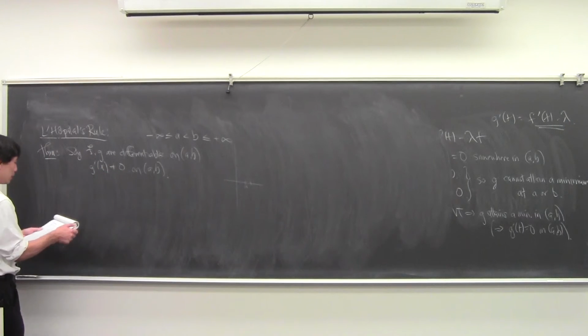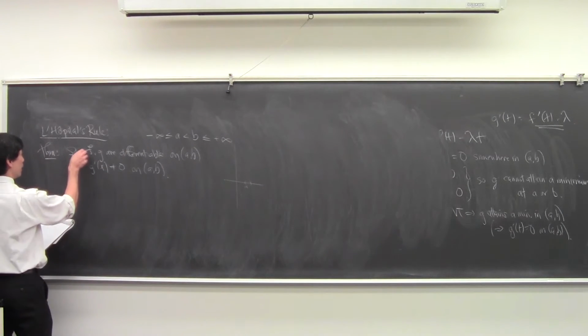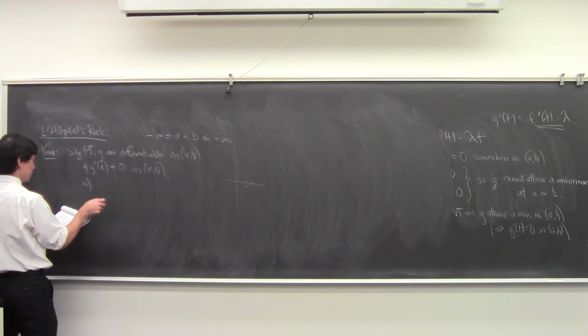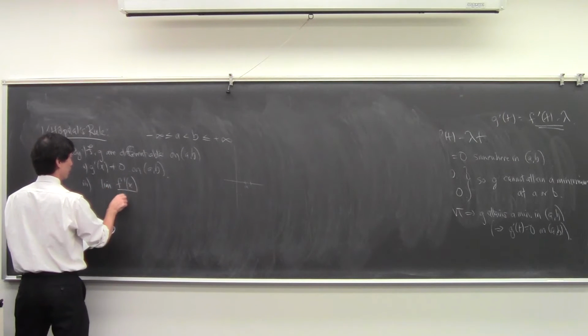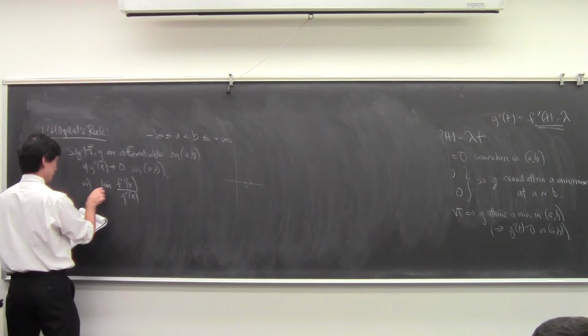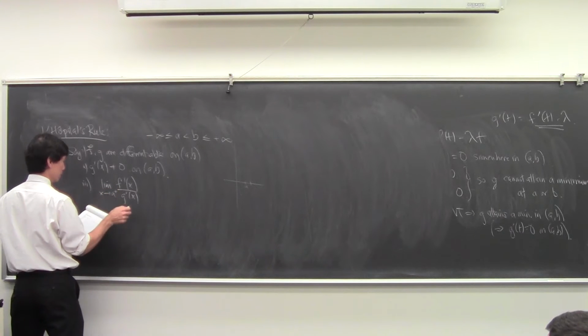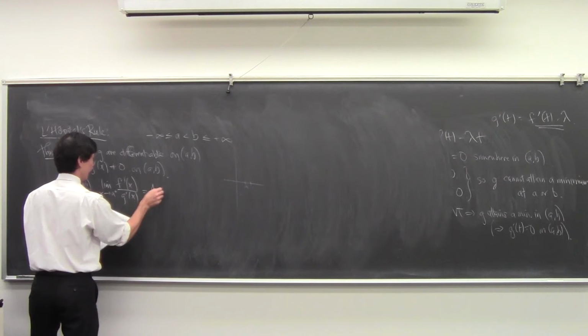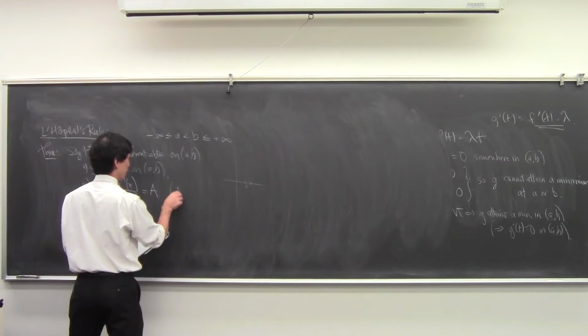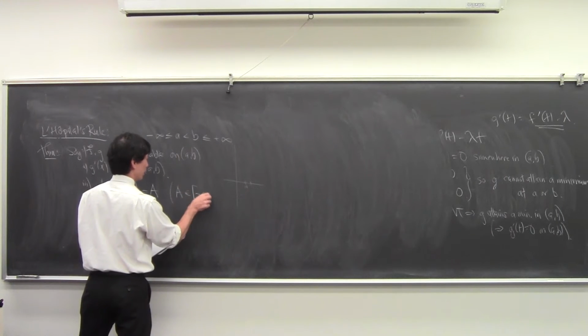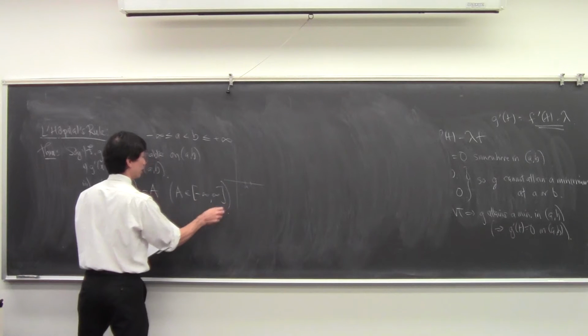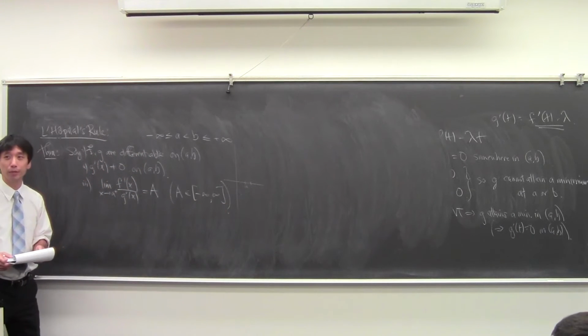Okay, and suppose that the limit of f prime over g prime as x goes to a on the right hand side is capital A, where capital A could be any number in the extended real values.